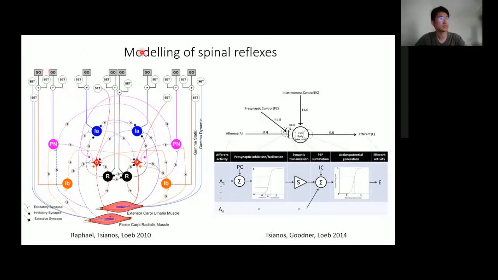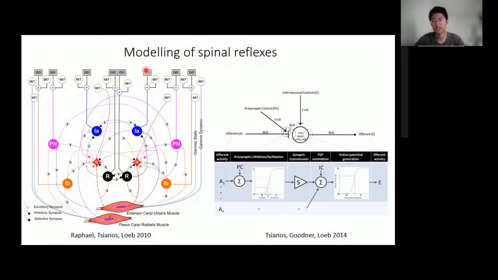But the question is, what are the inputs to this complex neural network? In this study, they assume two types of input: one is a go signal, one is a set signal. The set command defines the baseline activity of this network, and to initiate a movement, they send a go signal.